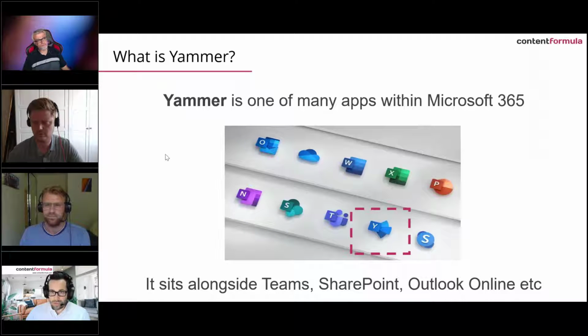Now, Yammer is one of many apps within Microsoft 365. It sits alongside the likes of Microsoft Teams, SharePoint, Outlook Online, etc. Because of the way Microsoft 365 apps work, there is some overlap in terms of what they can do. If you like golf, it's a bit like selecting a golf club.